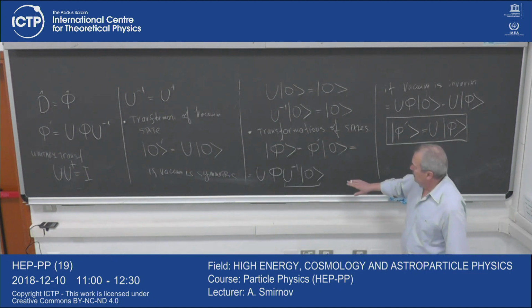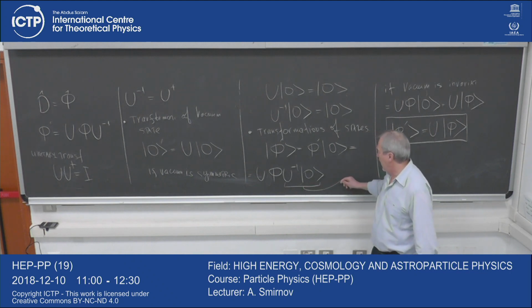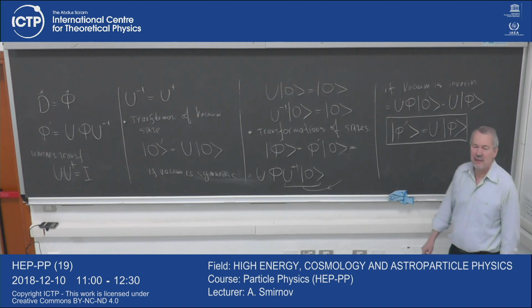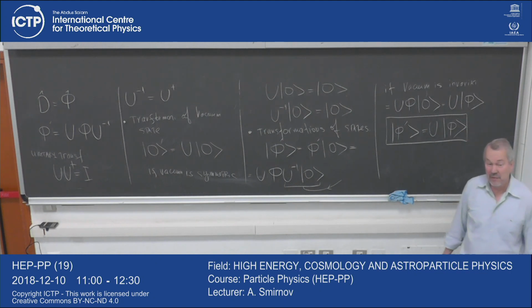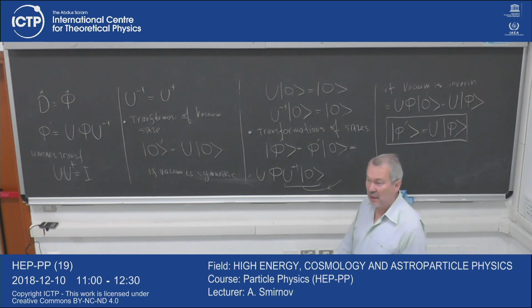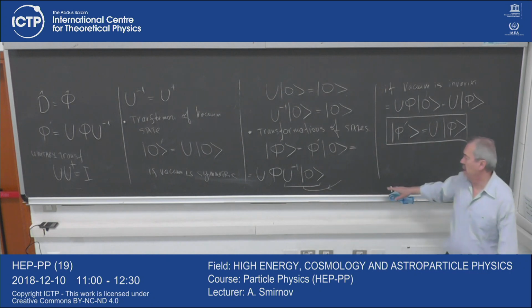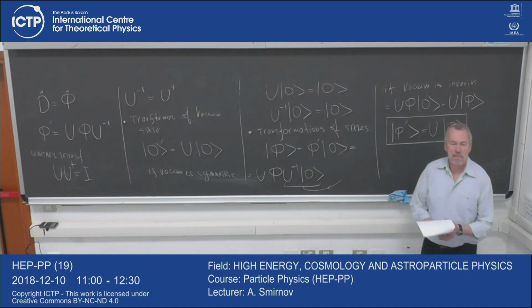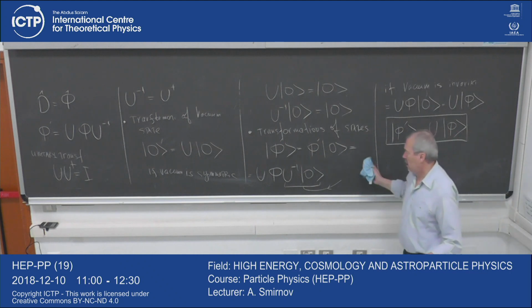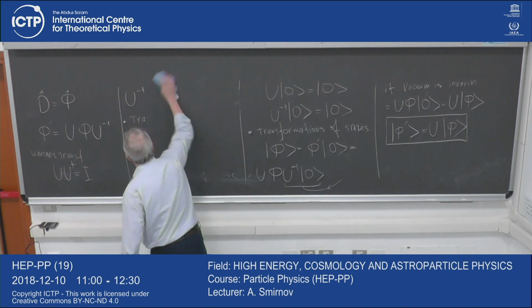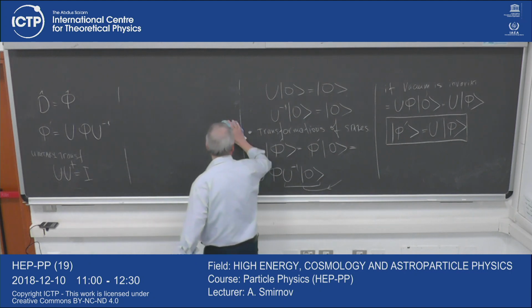So the point is that this is not necessary, because sometimes vacuum is not invariant, and actually when we are talking about spontaneous symmetry breaking, this is precisely the case when vacuum is not invariant under transformation, and then everything is changing. So that is referred to the case when vacuum is invariant, and transformations of the field operators as it was introduced in general.